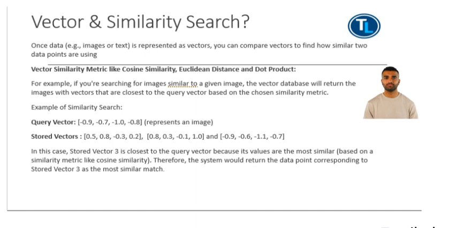Stored vectors: 0.5, 0.8, -0.3, 0.2; 0.8, 0.3, -0.1, 1.0; and 0.9, -0.6, -1.1, -0.7. In this case, stored vector 3 is closest to the query vector because its values are the most similar, based on a similarity metric like cosine similarity. Therefore, the system would return the data point corresponding to stored vector 3 as the most similar match.